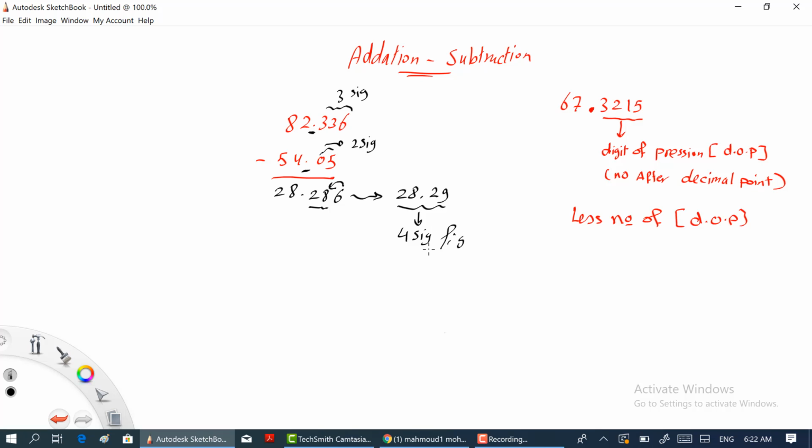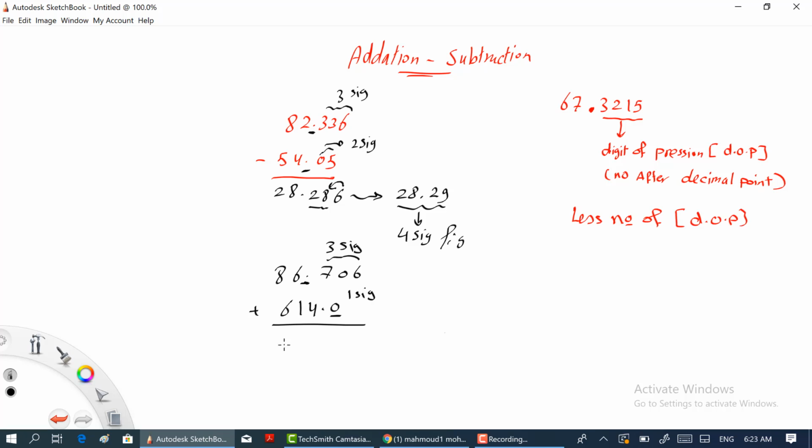And another example. If we have 86.706 plus 614. In this case, after the decimal point, we have 3 digits in one number and none in the other.